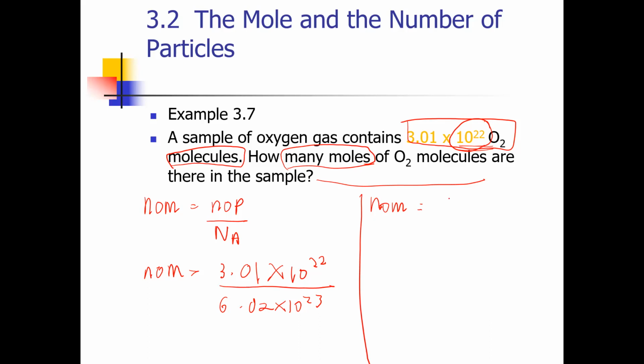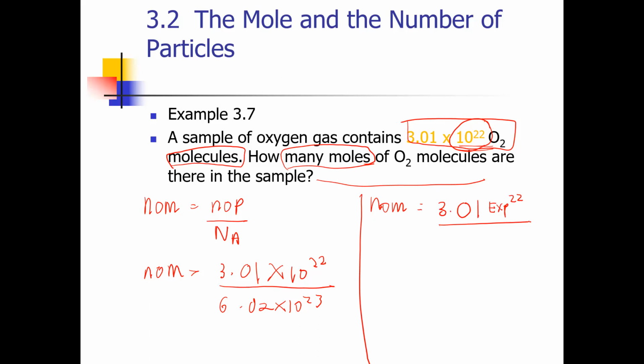Everyone put in your calculator 3.01. I don't know how the rest of you do it, but if teacher is using my calculator, I've got exponential. So I go to exponential, then teacher will put 22, and then line.